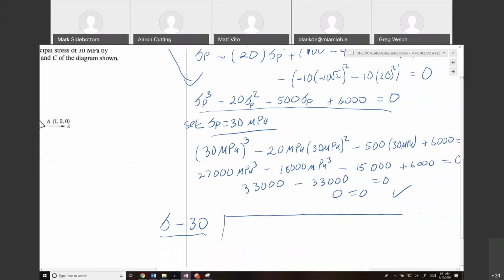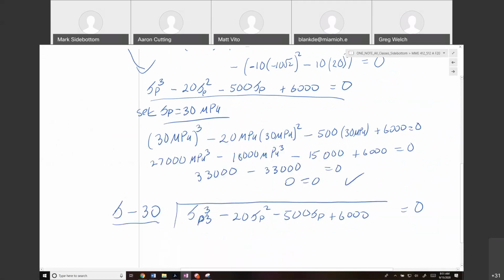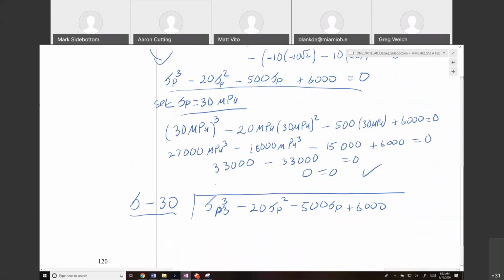So we do our long division. What we end up getting is we'll multiply the terms out front by sigma squared, and then we'll subtract them.